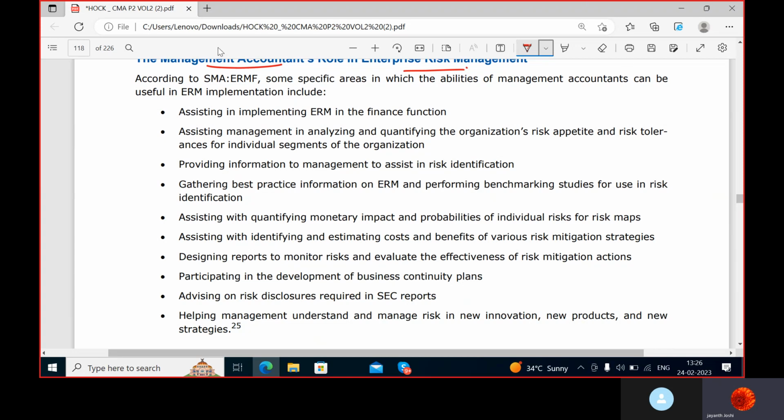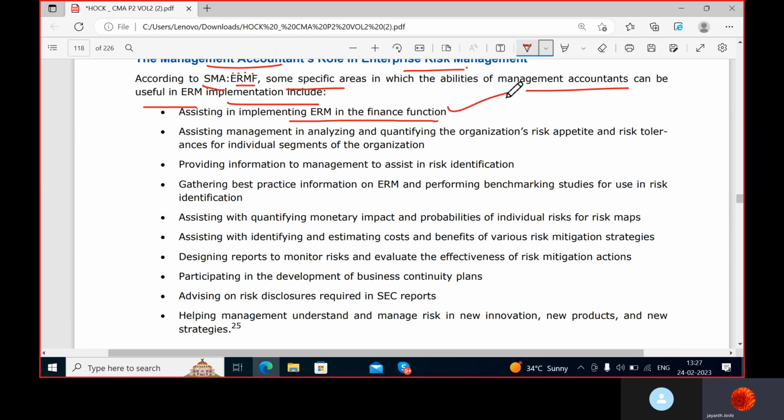So according to SMA, we have already seen this. What is SMA? ERMF functions like enterprise risk management function. Some specific areas in which the abilities of the management accountants can be useful in ERM implementation include assisting in implementing ERM in the finance function.